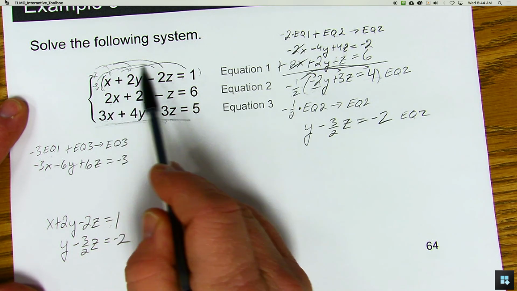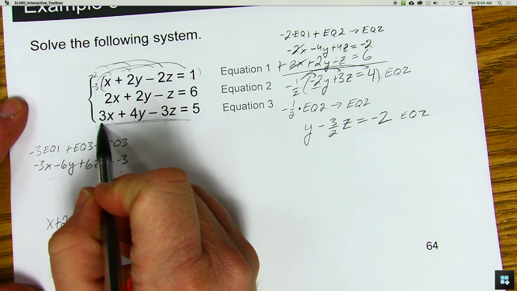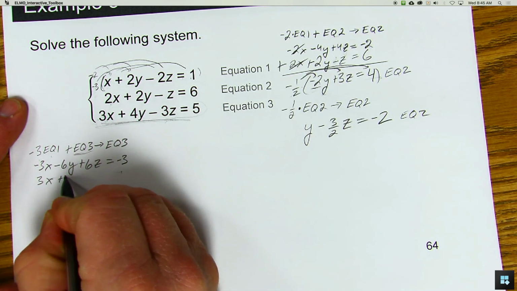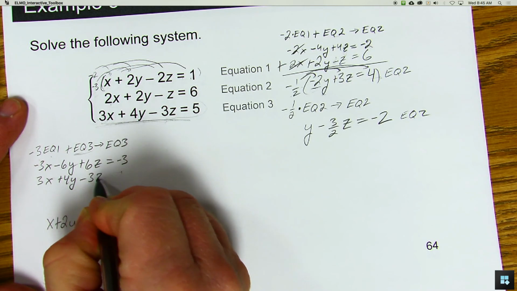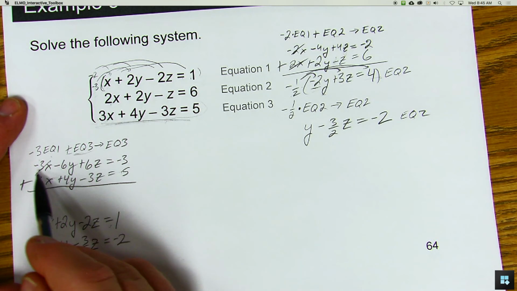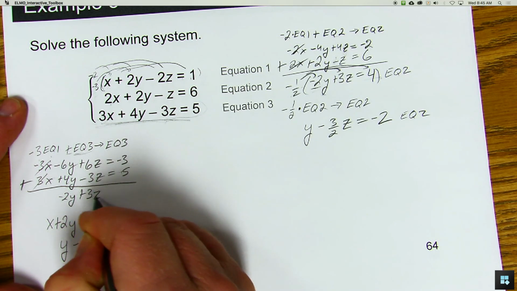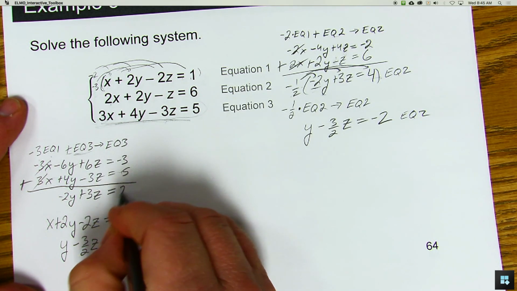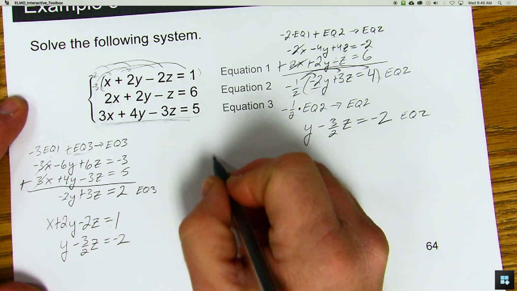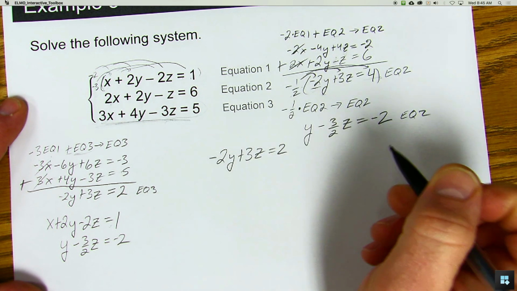I'm going to then add equation 3, which is 3x plus 4y minus 3z equals 5. Add those two together, and the x's cancel. That gives me negative 2y plus 3z equals 2. This is now my new equation 3.